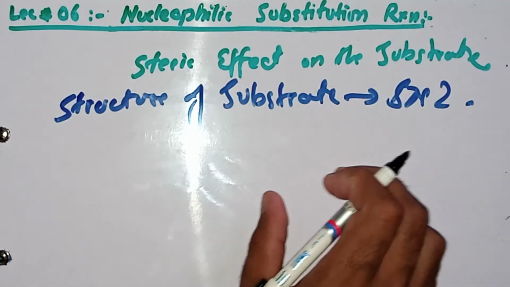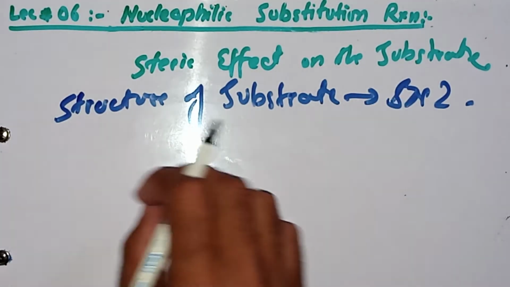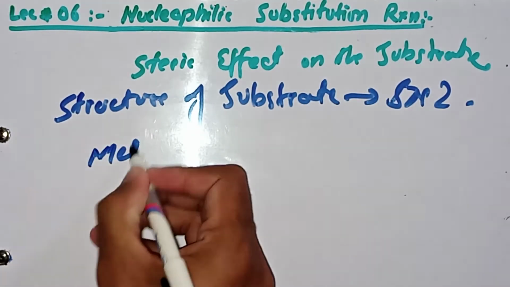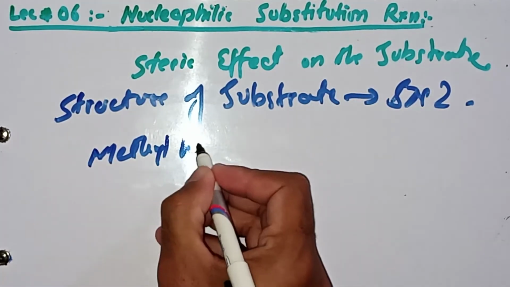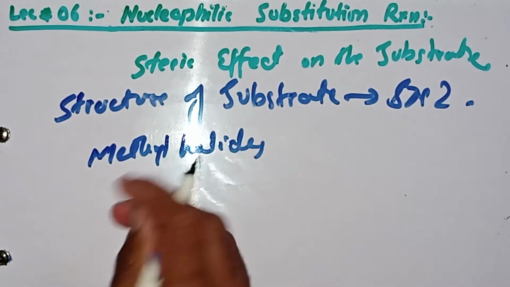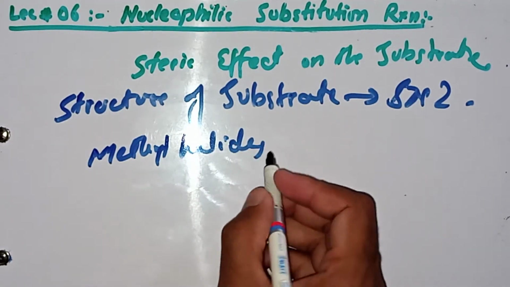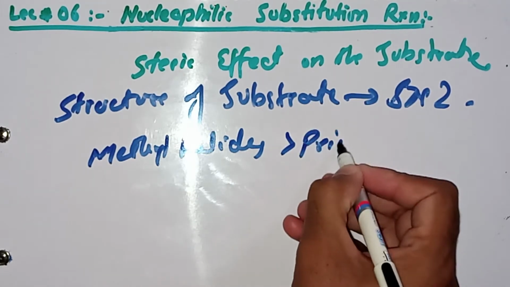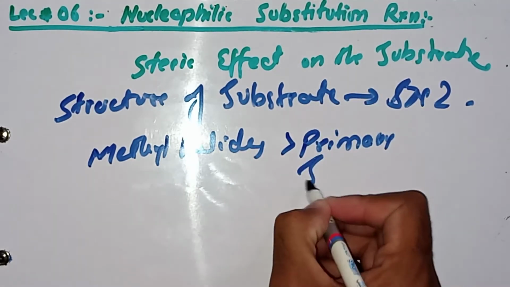The reaction goes rapidly with methyl halides. Then the primary alkyl halide, the primary substrate, also goes rapidly.